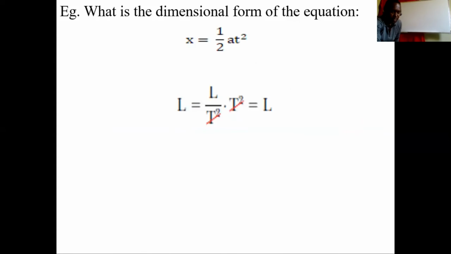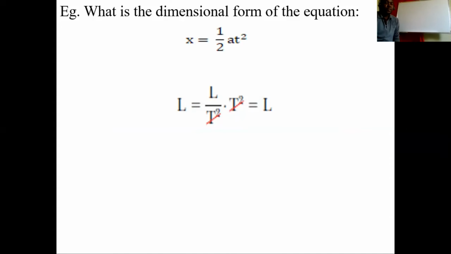And then you work. So let's look at what's the dimensional form of the equation x equals half at squared. So we know x is a distance, so we replace that distance with L. So on the left side, we just have L. And on the right side, remember half has no unit, so we ignore that.